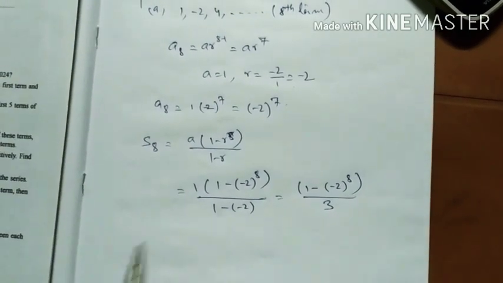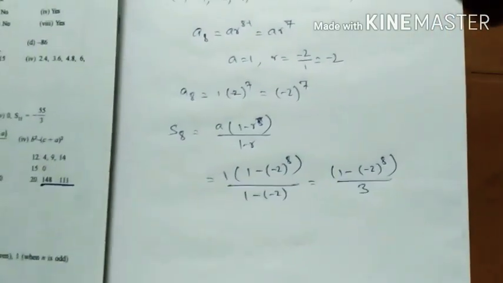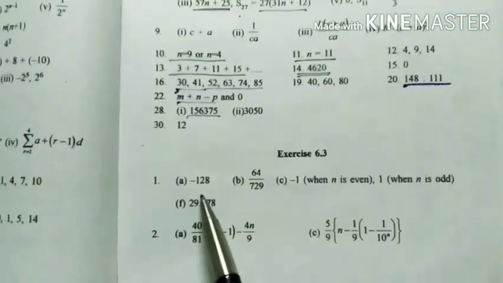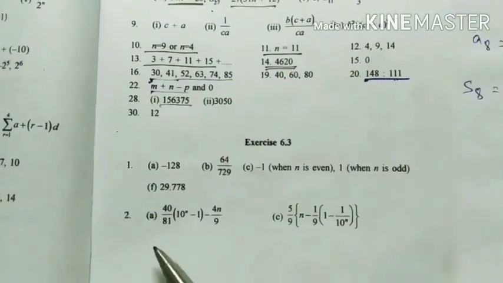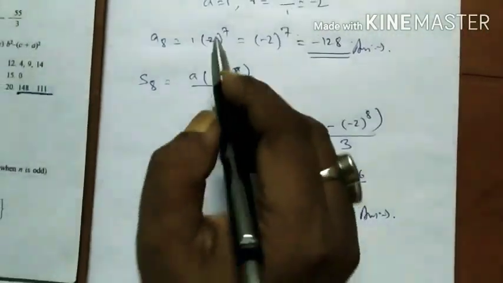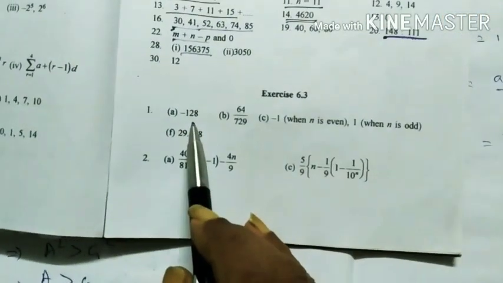Let us see what is the answer given in the back. They have only shown the term, not the sum, though the question says find the sum of each. In the first question, they have only shown the term. So here you see the answer given is 1a, minus 128.